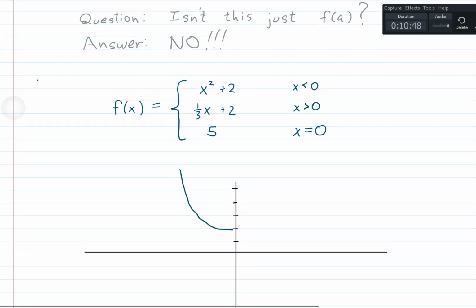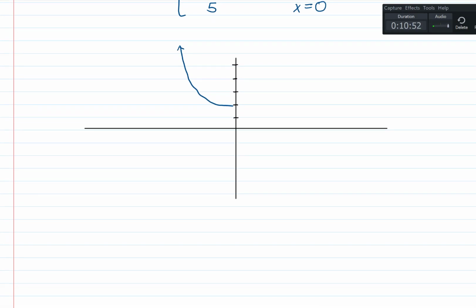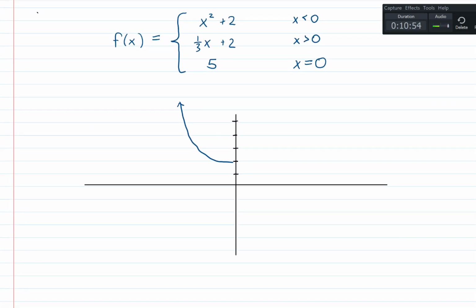Okay. Whoops, I did not mean to do that. Sorry. Okay. When x is positive, I have a line that looks like this. Roughly, the slope might be slightly off. I think that slope's pretty close to 1/3.